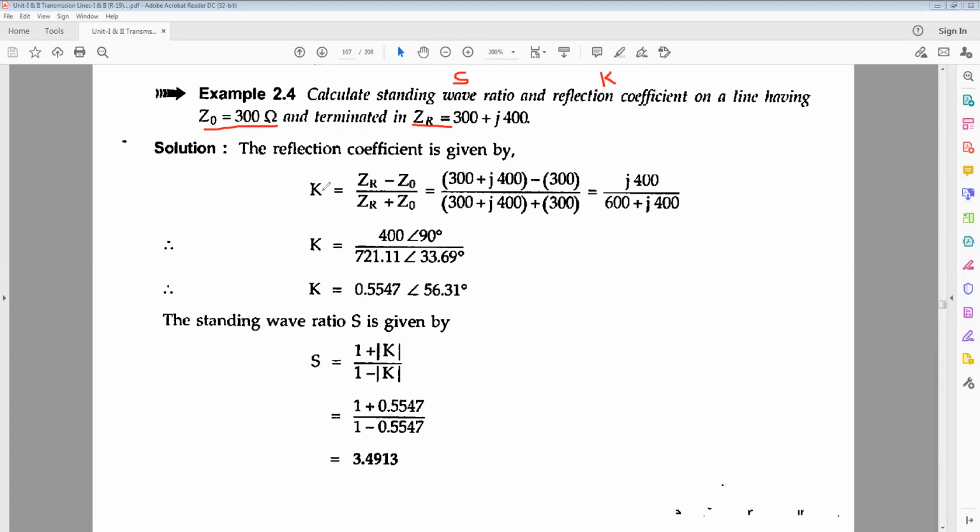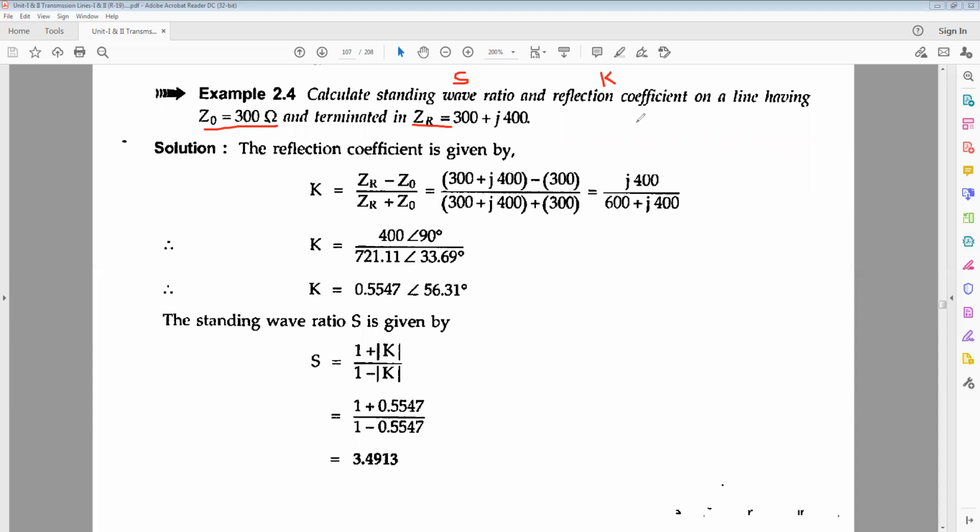The reflection coefficient, we know the formula is (ZR minus Z0) by (ZR plus Z0). ZR is given 300 plus j400 minus 300, and 300 plus j400 plus 300. So in the numerator, 300 gets cancelled, leaving j400. In the denominator, 300 plus 300 is 600 plus j400.